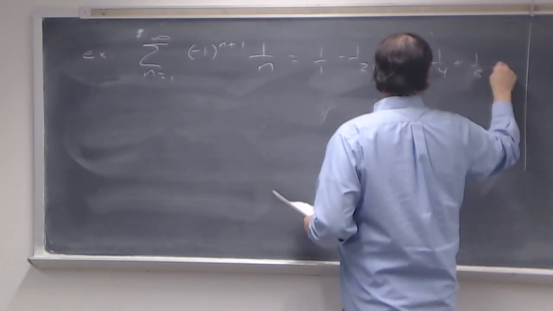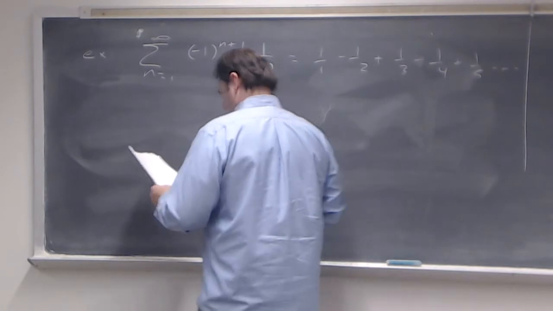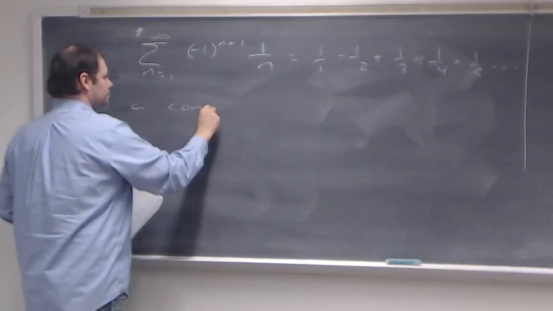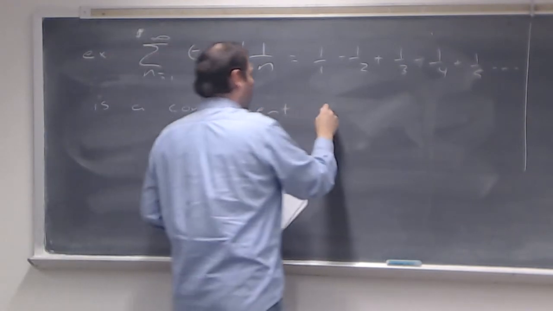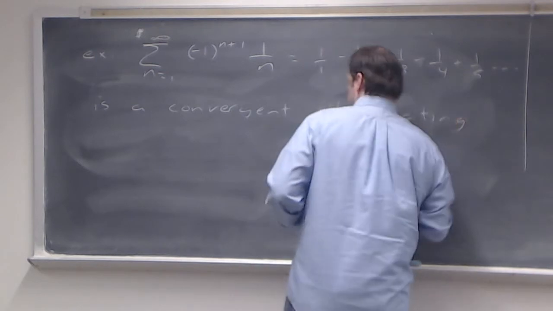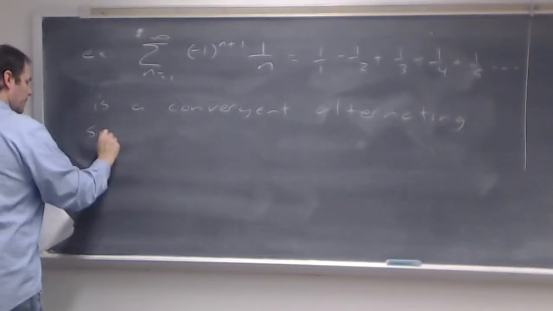Plus 1/5, goes on forever. Okay? Now this is a convergent, alternating series.